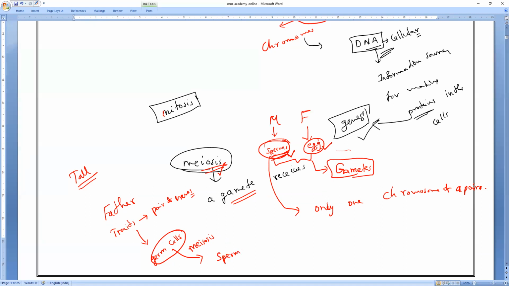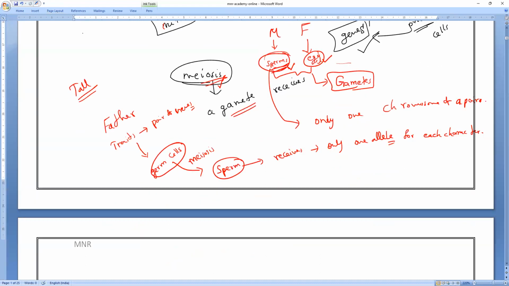Sperm. So when he forms the sperm, it will receive only one allele for each character. Like that, the mother also will contribute only one allele for each character.